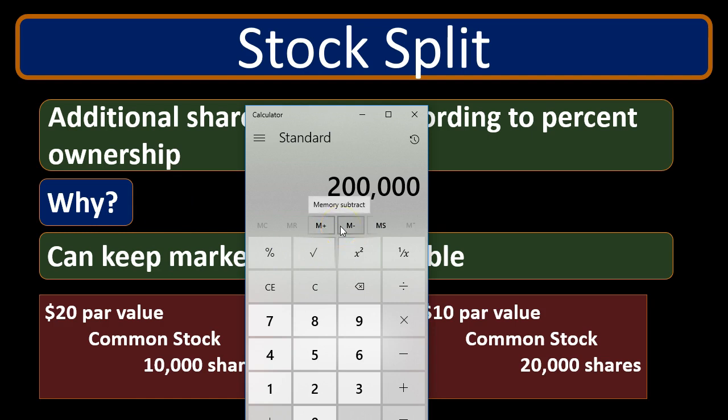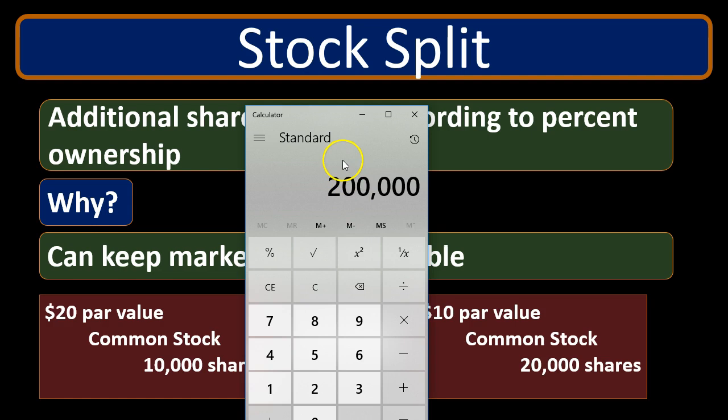We would have $200,000 common stock on the statement of stockholders' equity, and the other side is that we have $10 par value times 20,000 shares. So we still have the $200,000 there.